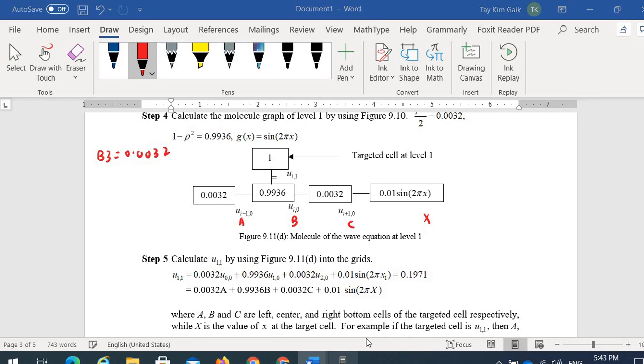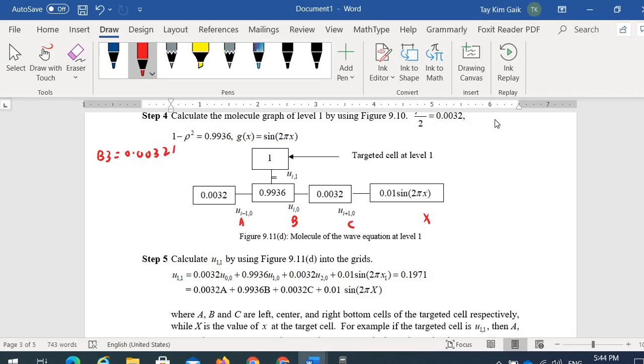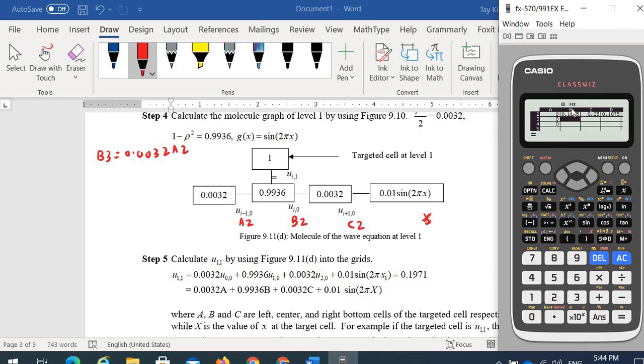Because it's reversed in the spreadsheet, the left is at A2, then this will be B2, this will be C2. The x is stored in B1. In column B, left is A, right is C, and x is stored in B1.